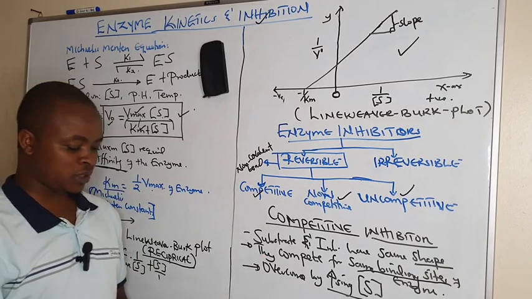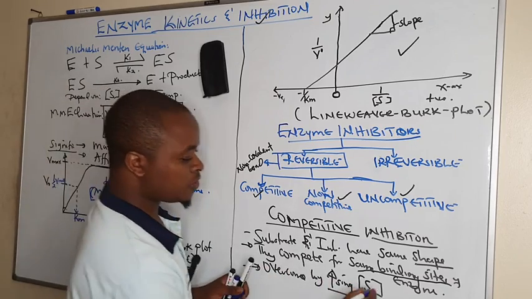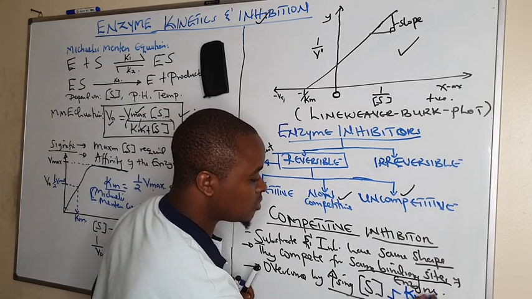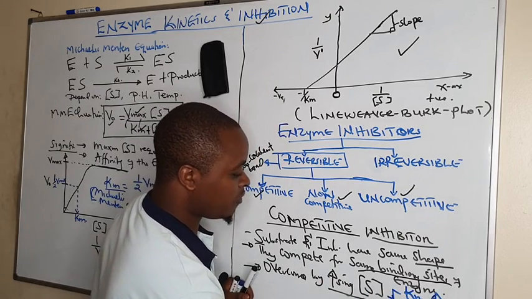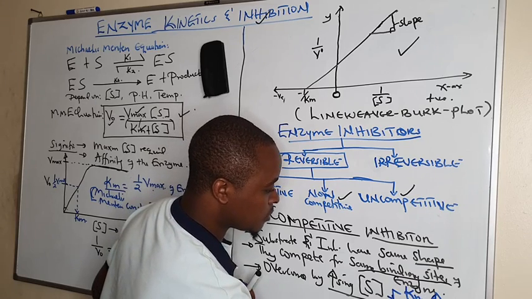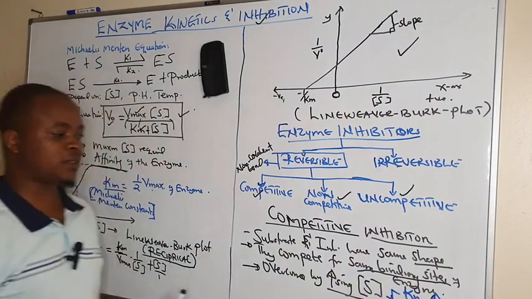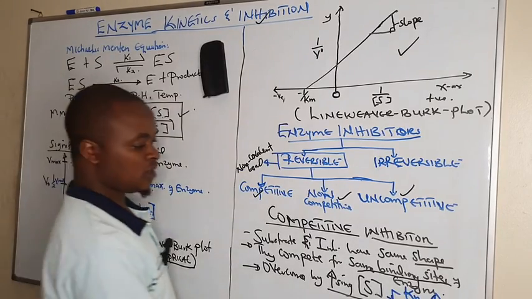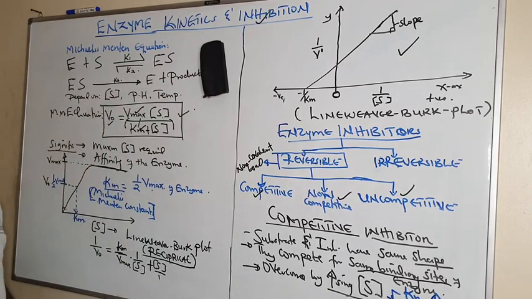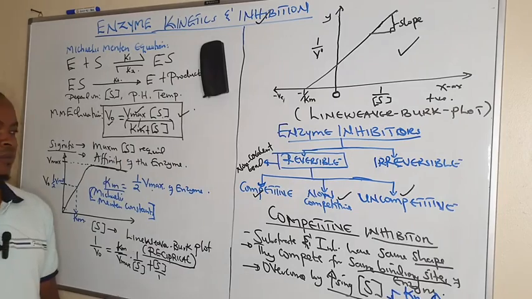And in so doing, this is going to cause the Km, Michaelis Menten constant, to increase, whereas the Vmax remains constant. So we shall have constant Vmax with increased Km.